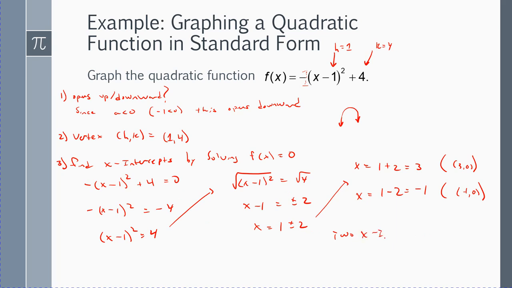You have 2 x-intercepts at the points (3, 0) and (minus 1, 0). Well, this is great, right? Look what I know here. I know where its turning point is, the vertex. And then I know 2 other points, the 2 x-intercepts.